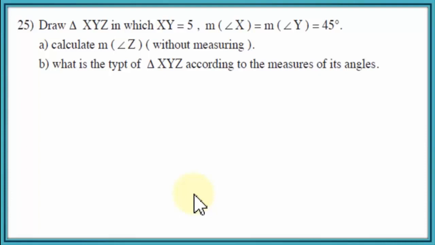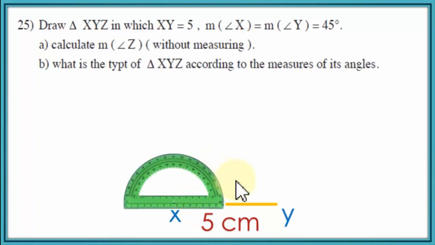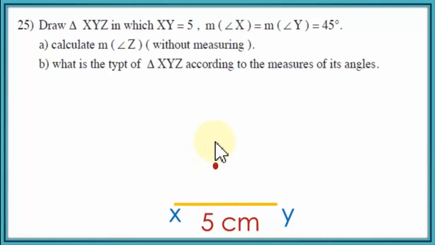Okay, firstly we will draw XY using a ruler. XY equals 5 cm. Then we will use our protractor to measure angle X. 10, 20, 30, 40, 45. Put the dot and then use your ruler again to draw a line segment passing through this dot.